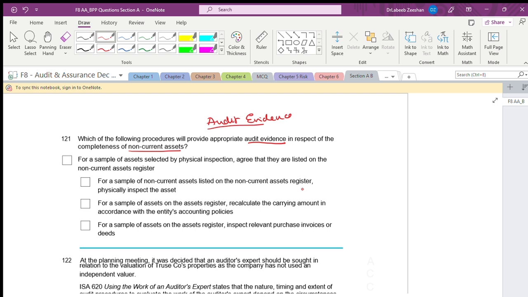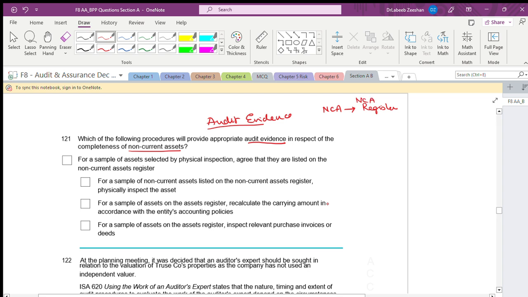Completeness means we have to show the physical and we have to show in the books. Whenever we buy a non-current asset, the first point of entry is the non-current asset register.